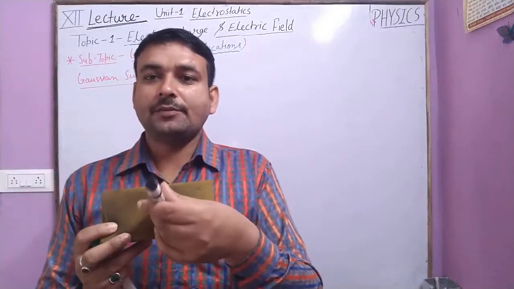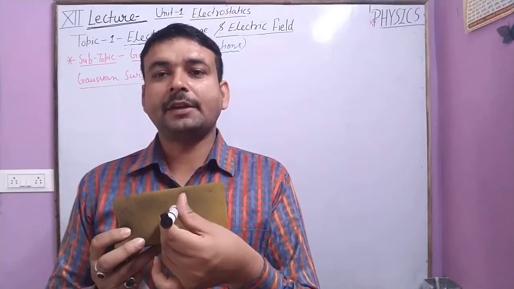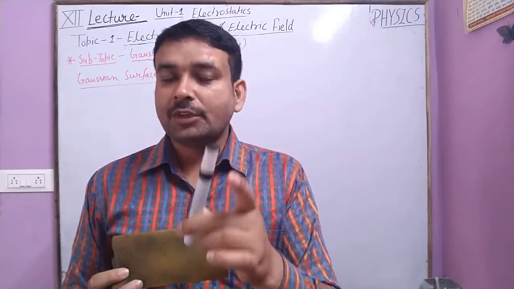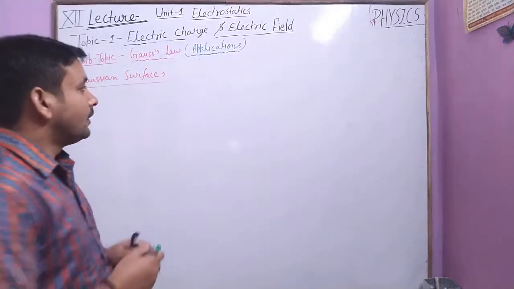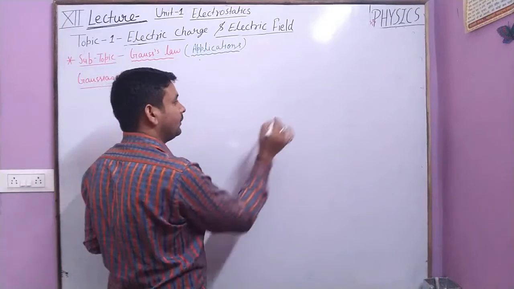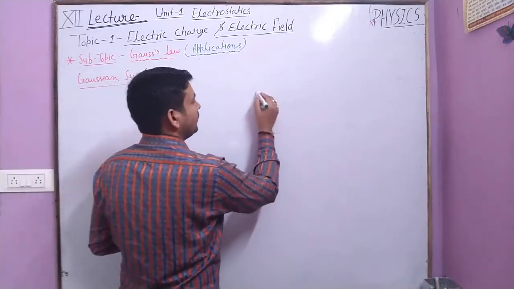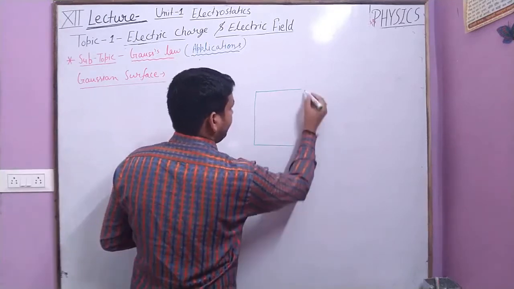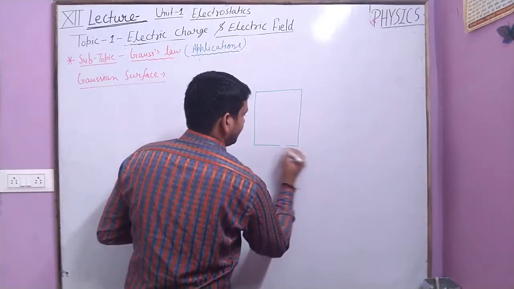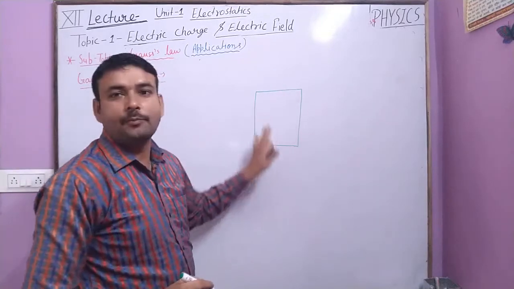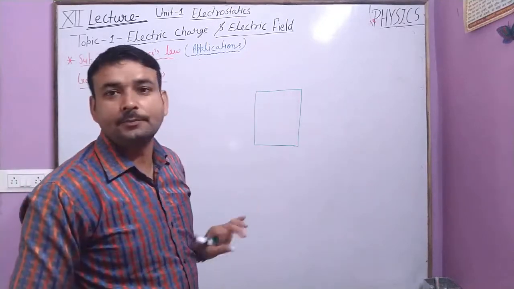If any surface is facing you, the area vector is determined by 2 directions. Suppose we have this board, or on this board there is a plane like this. Okay, we just discussed this plane area.